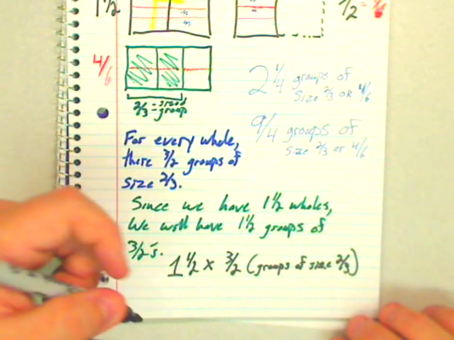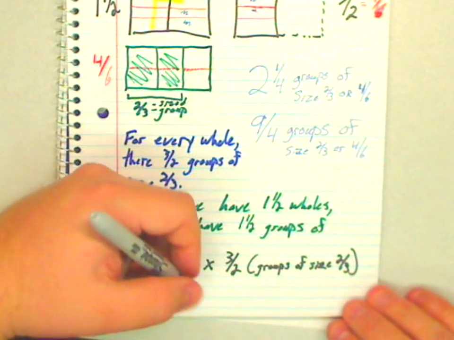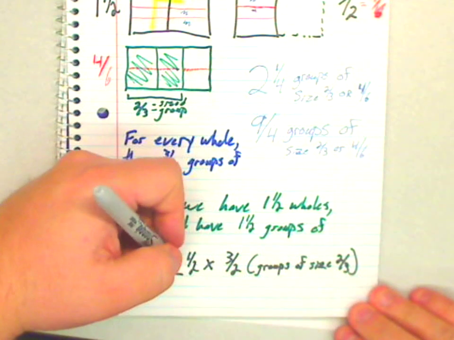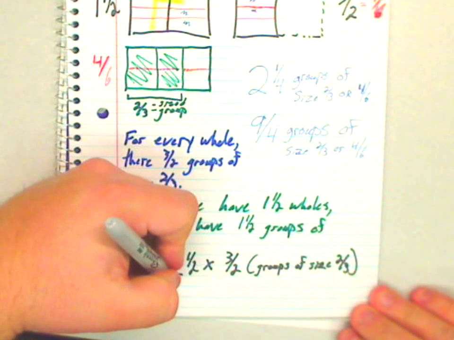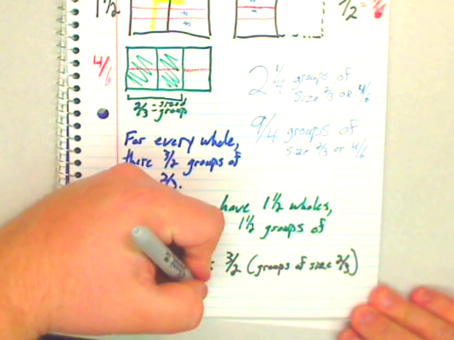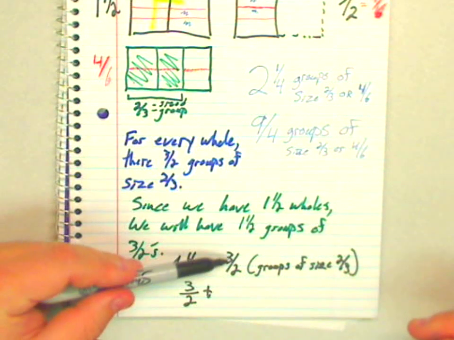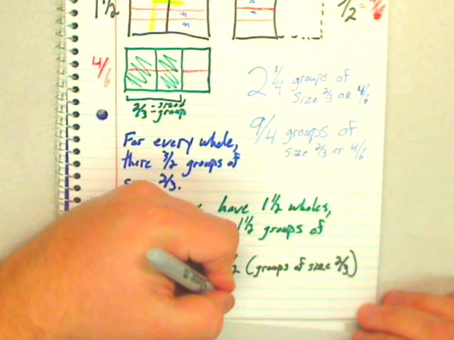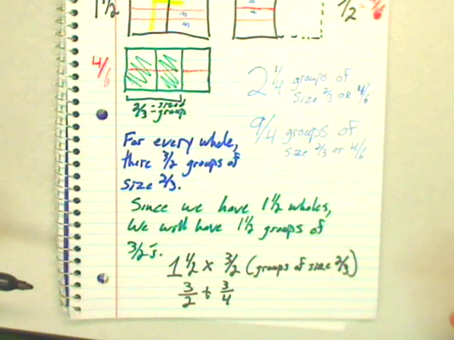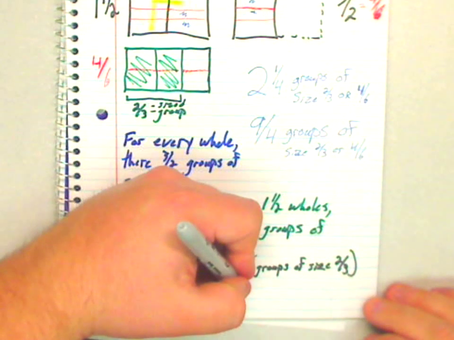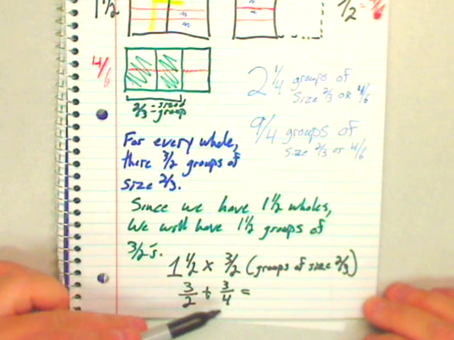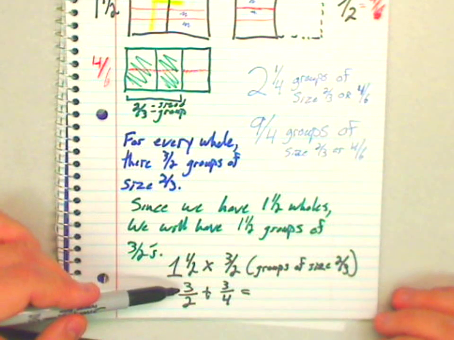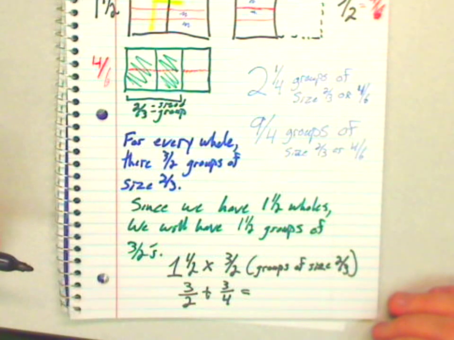We can fall back on what we've been learning pictorially. If we do so, I'll just break this up as 1.5 of 3 halves. That means I should have 3 halves plus, and now I need half of this. Well, half of that would be 1.5 halves. That's kind of weird. We would instead say we can make 3/4. That would be our half piece. That would be our half group. All right. So if we add those up, we need to have similar size pieces here. So this would become 6/4, right?